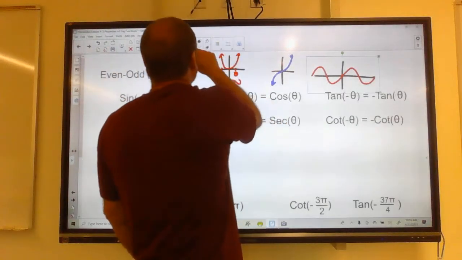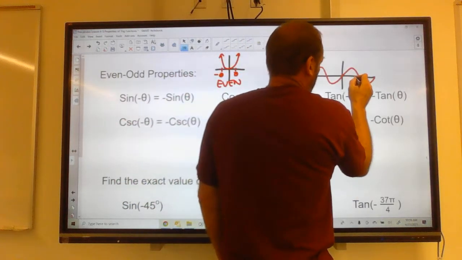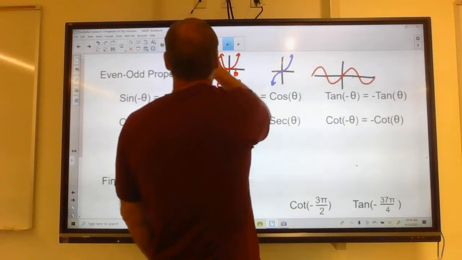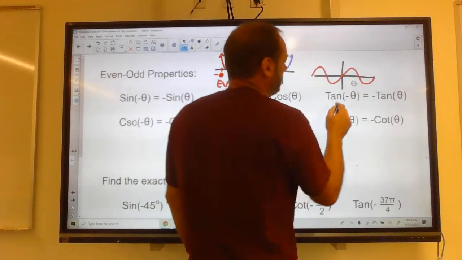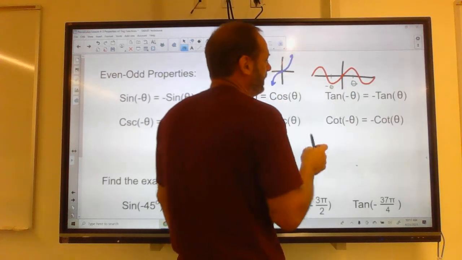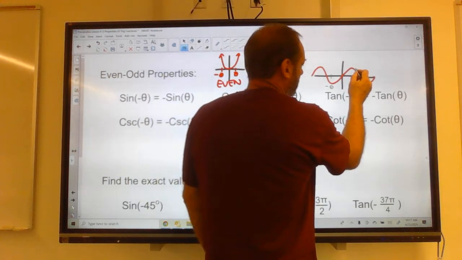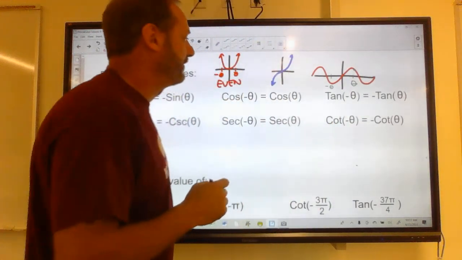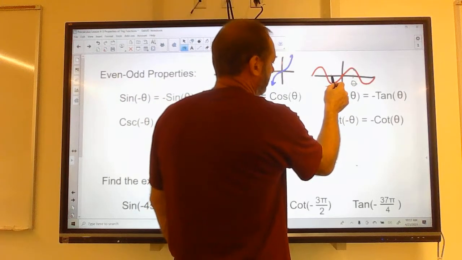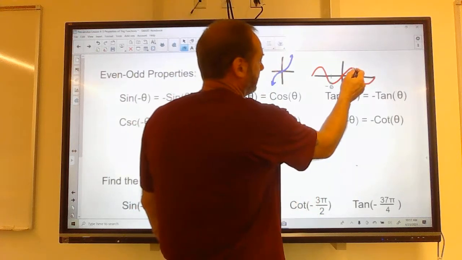So what does that mean? Let's say theta is right here, so negative theta would be right here. There's sine of theta, and that's equal to the negative of sine of negative theta, because they're the same number.